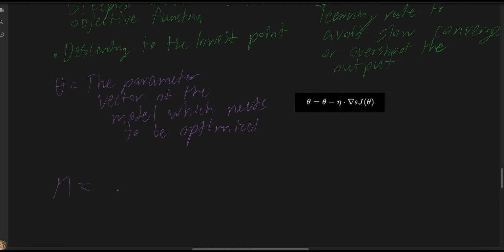And the following symbol refers to the learning rate, which controls the size of the steps taken towards the minimum of the loss function.